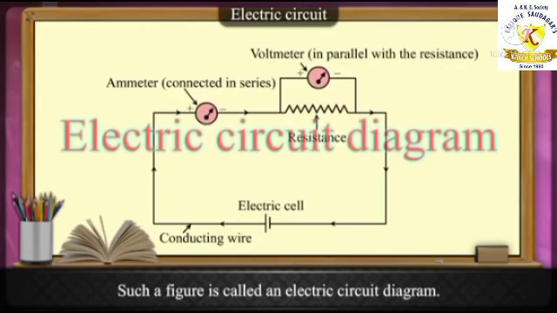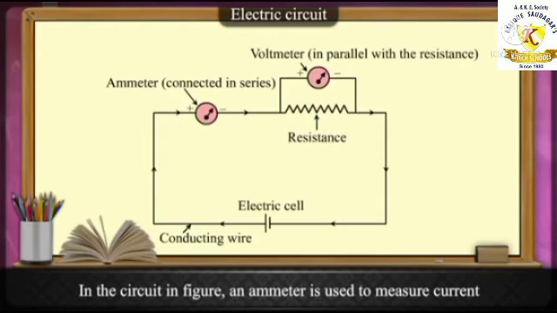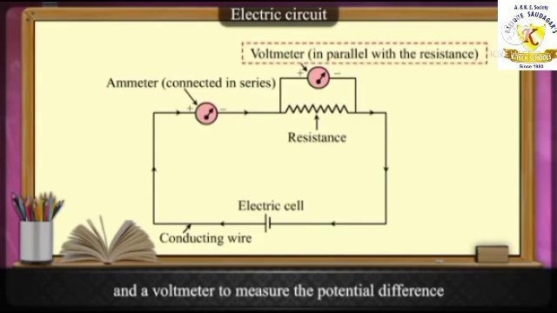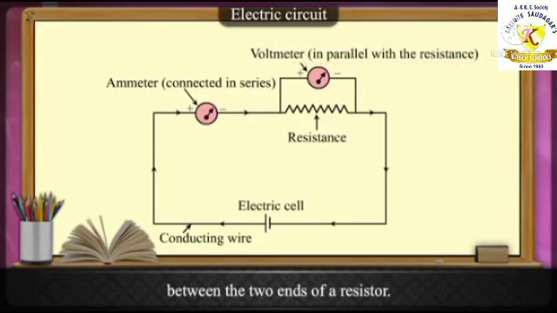Such a figure is called an electric circuit diagram. In the circuit in the figure, an ammeter is used to measure current and a voltmeter to measure the potential difference between the two ends of a resistor. As the voltmeter has a very high resistance, only a very small current flows through it.